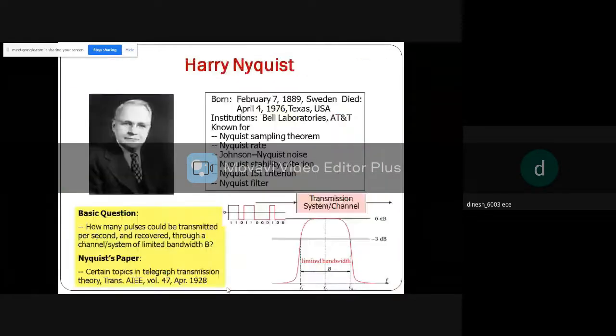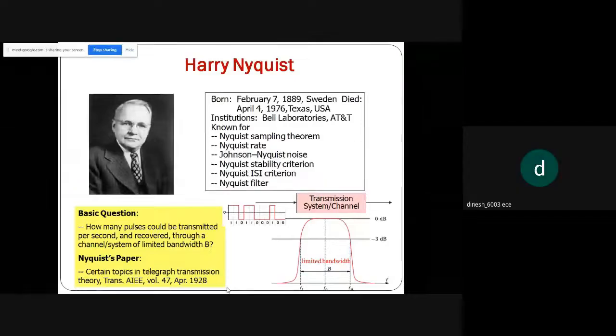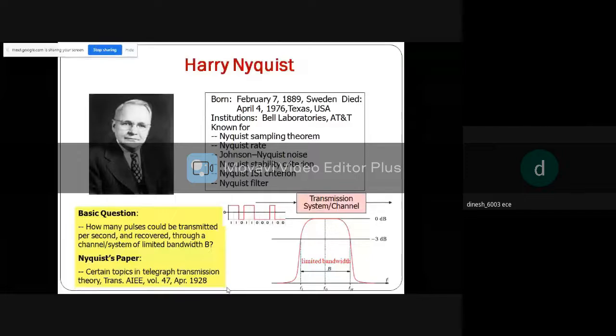This was given by Harry Nyquist, who was born in Sweden. His date of birth was February 7, 1889, and his date of death was April 4, 1976.